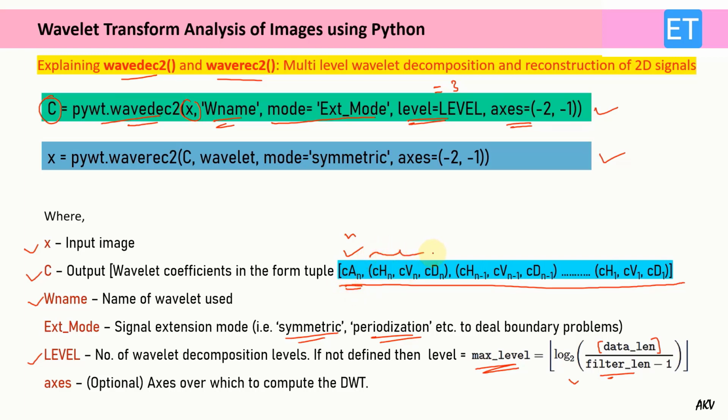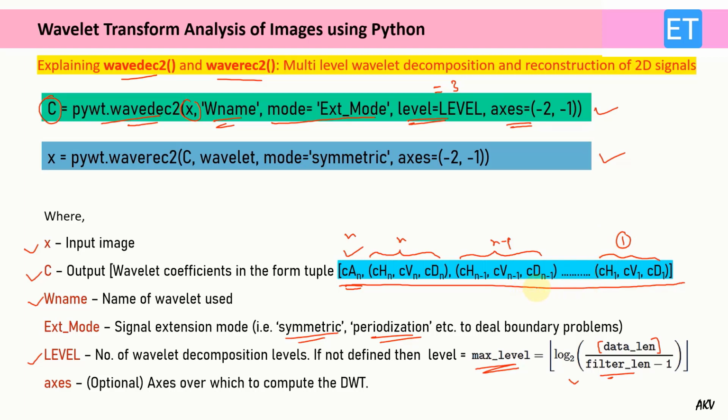And then the second item is known as a tuple. The first tuple shows all the wavelet detailed coefficients at the nth level, and then the next tuple includes all the wavelet detailed coefficients at the n minus 1th level, and in the last, this tuple includes all the wavelet detailed coefficients at level 1.